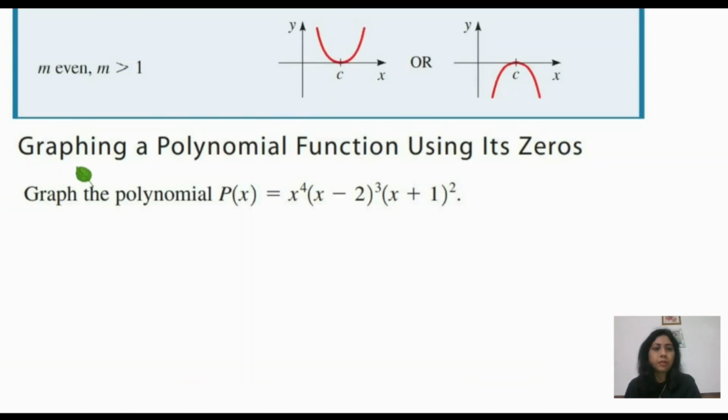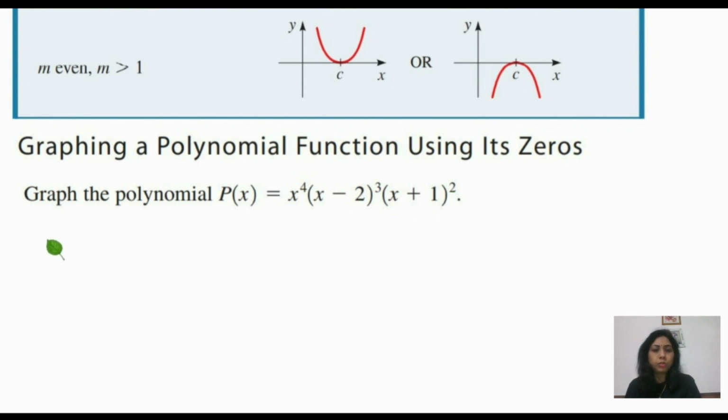Here is today's question: graphing a polynomial function using its zeros. Graph the polynomial P(x) is equal to x to the power 4, (x minus 2) to the power 3, (x plus 1) to the power 2.